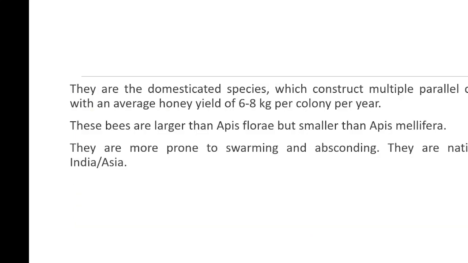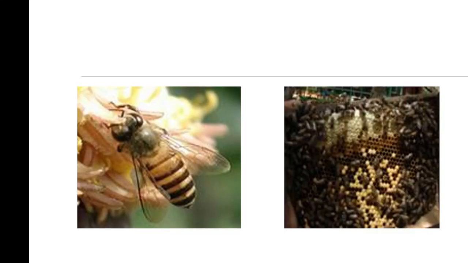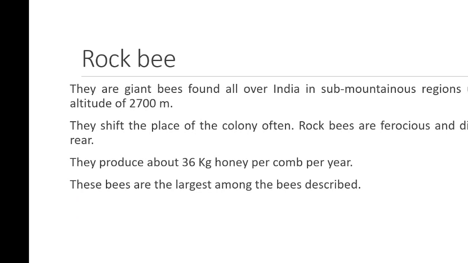And this is a domesticated species and will be able to construct multiple parallel combs, and the average honey yield is 6 to 8 kilogram per colony per year. So if you compare the honey production of this species with the honey production of this species, there is a striking difference.